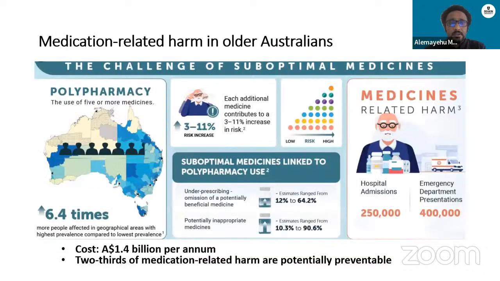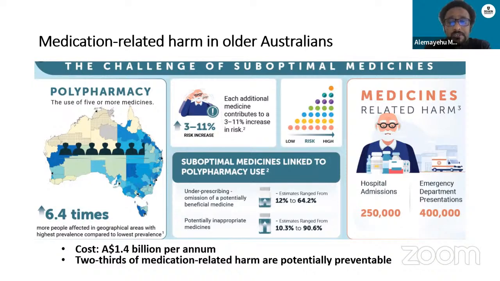Okay, let's see some data from Australia regarding medication-related harm, specifically in older adults aged 65 years and older. Medication-related harm in Australia resulted in 250,000 hospital readmissions, plus 400,000 emergency department presentations.